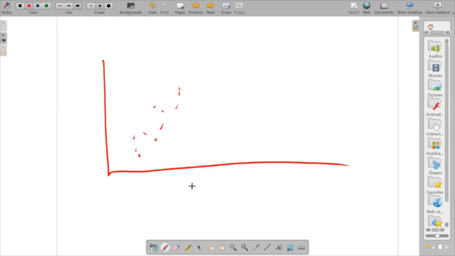Maybe these are two continuous variables, height in centimeters and weight in kilograms.